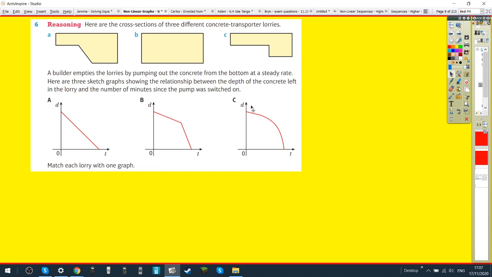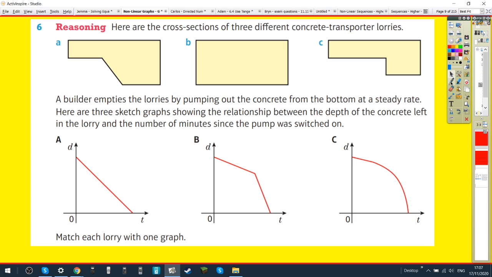Okay, match up. A and B. Like that, is it? Or B, no, B and A. The B here with that, is it? Yeah. Okay.